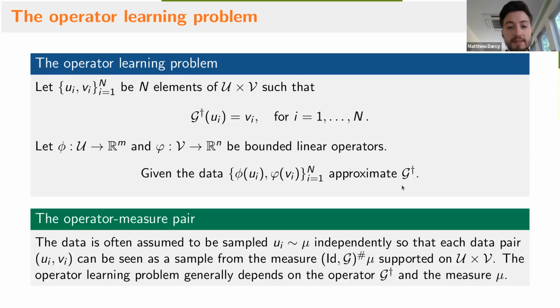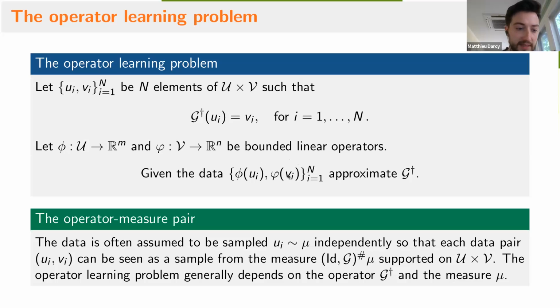So a prototypical example of measurements is pointwise measurements on a grid. You can imagine that U and V are functions and that you measure these functions on a grid of your domain. And given these grid values, you wish to approximate this true G-dagger. But in general, our methodology can handle any measurements beyond pointwise measurements, as long as they are bounded linear operators.